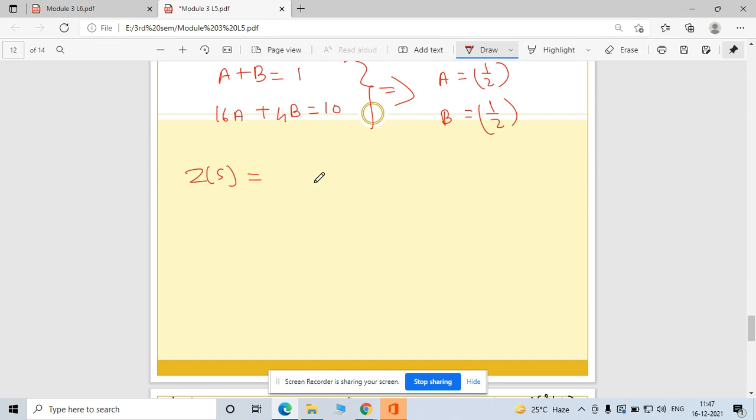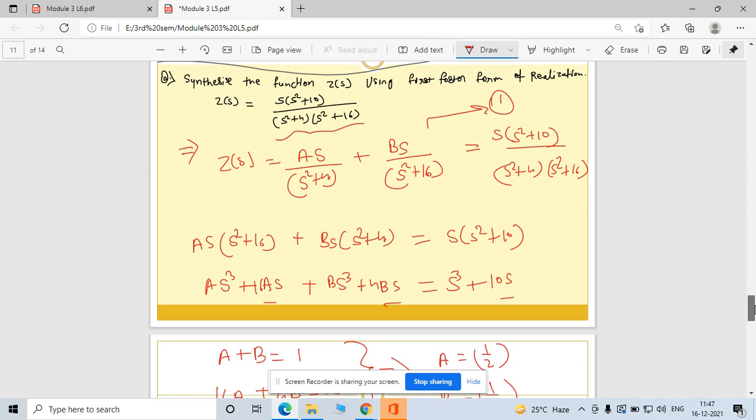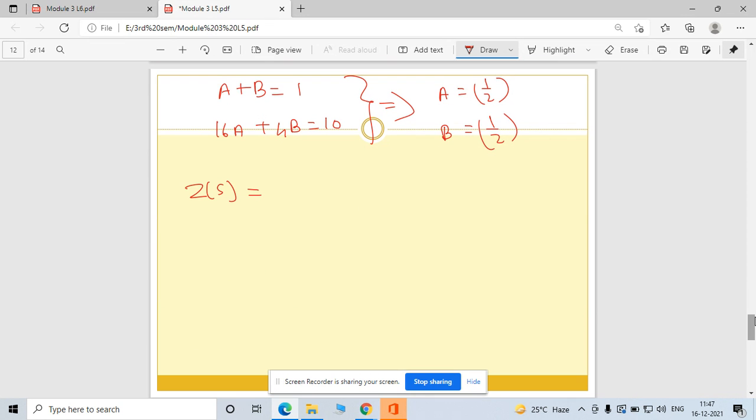When I use that in your equation, this is nothing but a s by s square plus 4, right? What is the value of a? It is 1 by 2. So 1 by 2 s by s square plus 4. Similarly, b value is 1 by 2, so 1 by 2 s by s square plus 16, right?